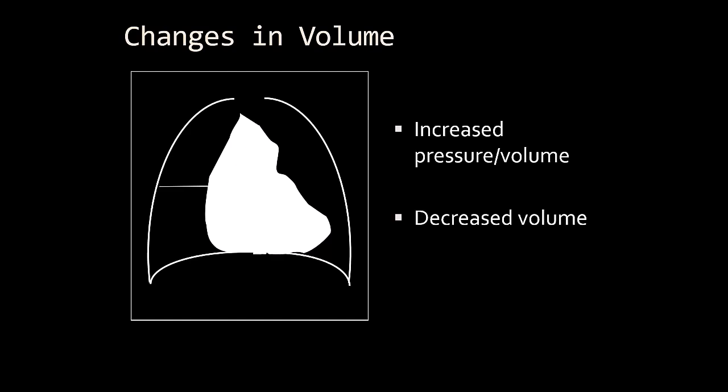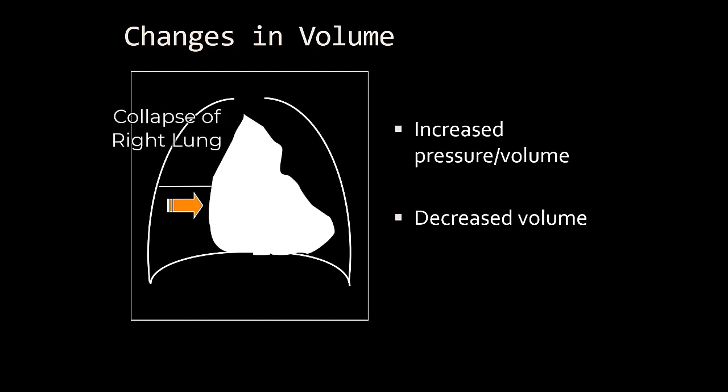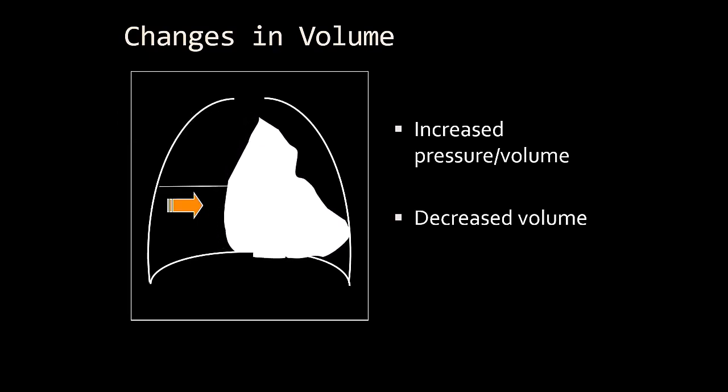You'll see that as air pushes the heart and the other organs to the left, the right lung is losing all of the lung markings, and we can see very well the pneumothorax. As the lung collapses and air rushes in, it pushes all of the organs in the chest to the left side.